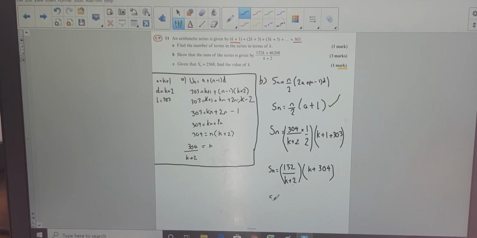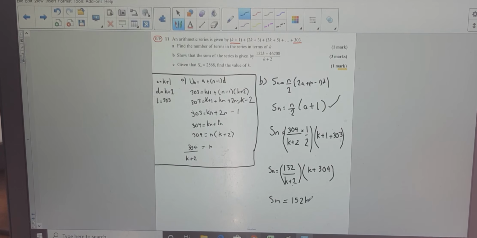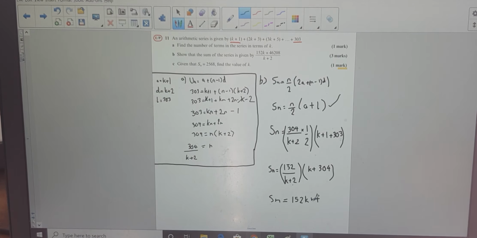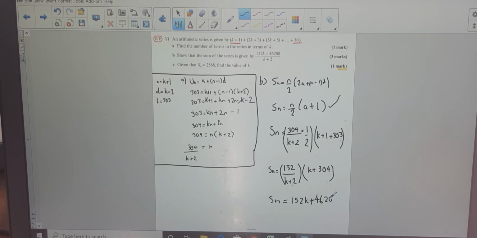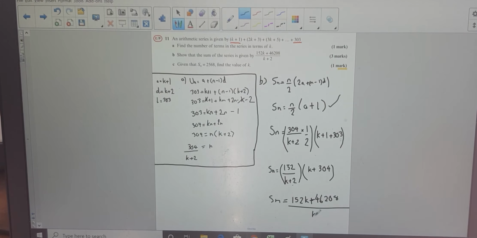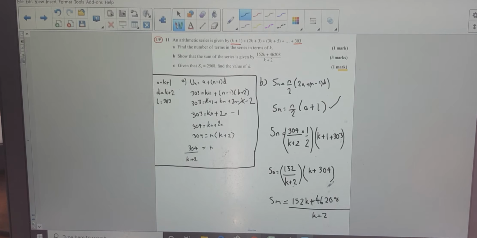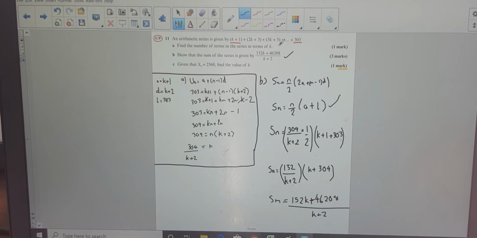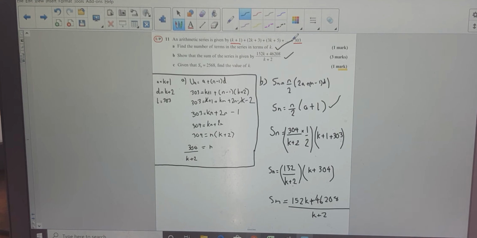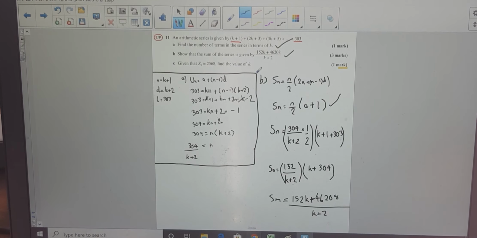Then if I expanded that, 152 times k, which is the same as a fraction over 1, is 152k, add 46208, over k add 2. So, done. That's part B.